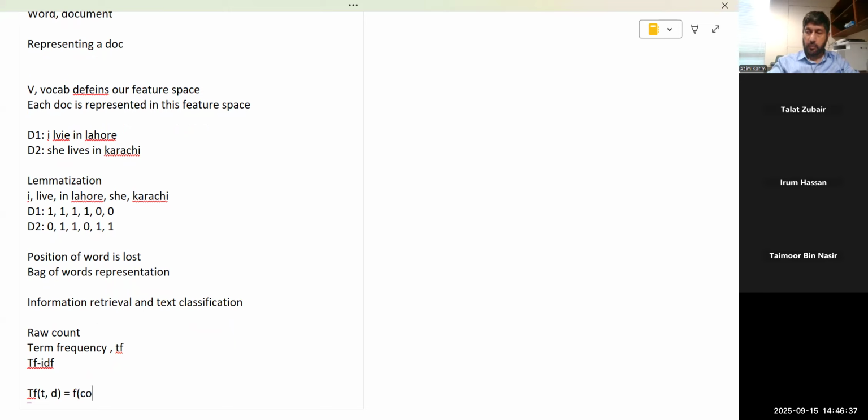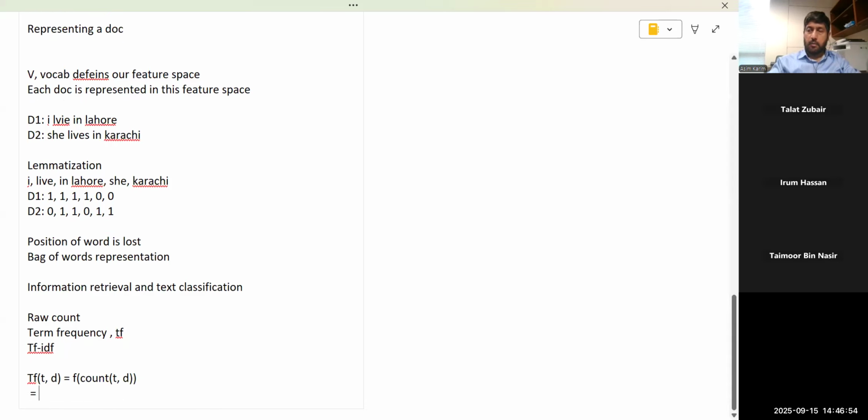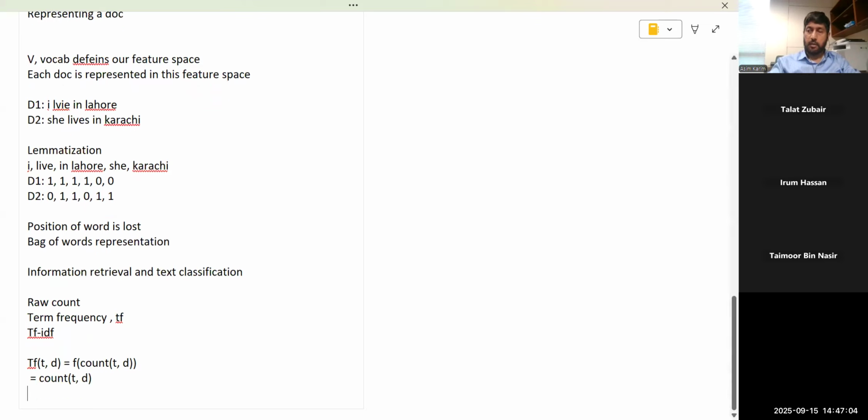So function of the count of t in D. ठीक है? इसमें अब वेरियस ऑप्शंस यूज हो सकती हैं. एक तो यही ऑफ कोर्स रॉ काउंट यूज कर लें जैसे हमने ऊपर यूज किया था, right. So it can be simply count of t in D. ये लोग यूज करते हैं.